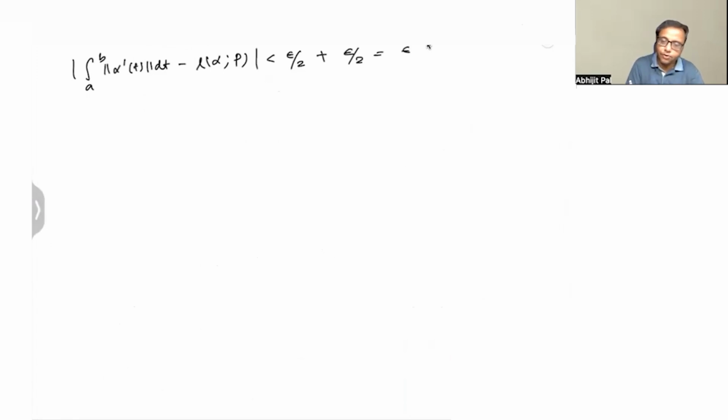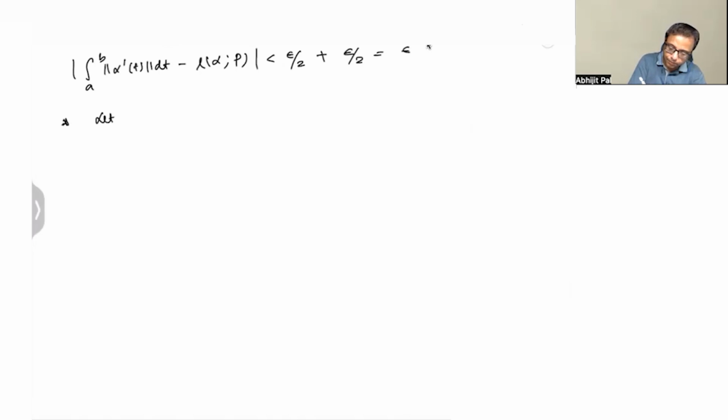Okay, so therefore we have proved that this integral can be approximated by the length of alpha with respect to the partition P.